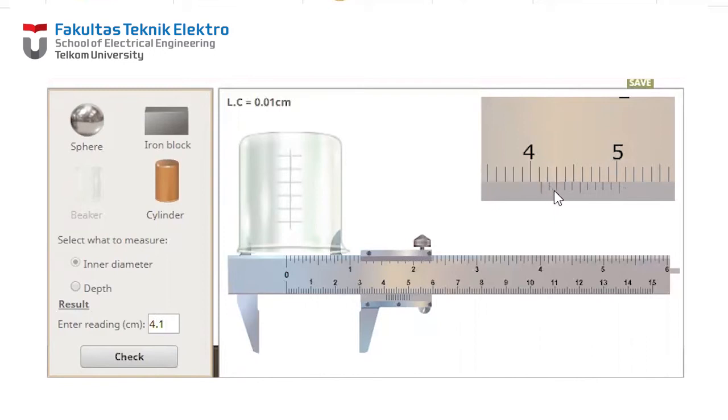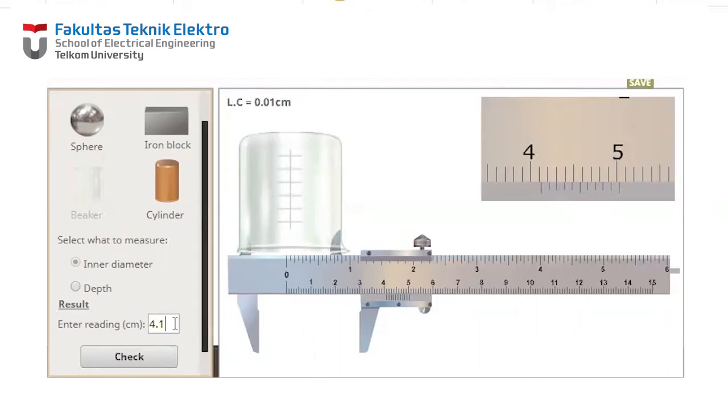After we found out the number, we multiply it by the lowest scale of the calipers, or we can call it NST, which is 0.01 centimeter. So we have 2 times 0.01, which is 0.02 centimeter.